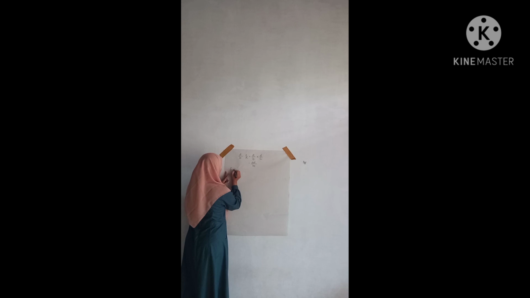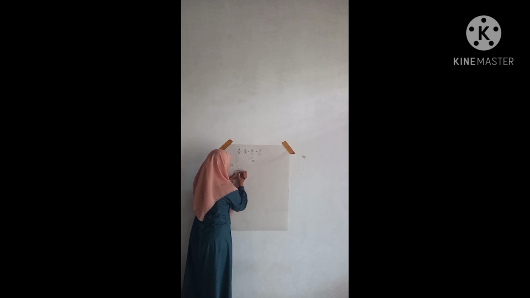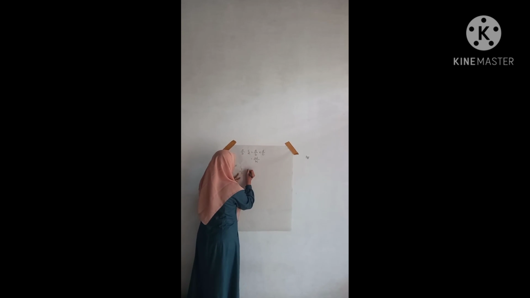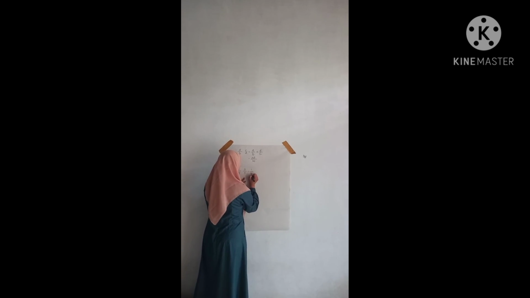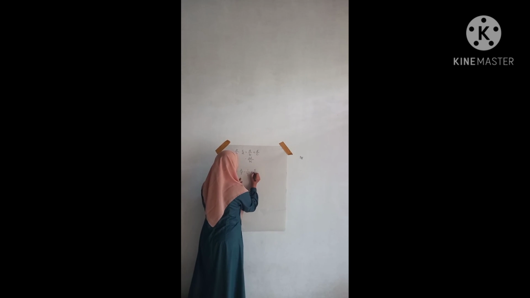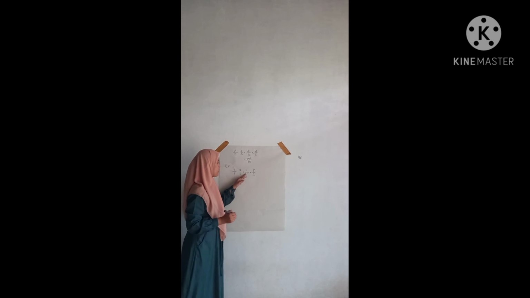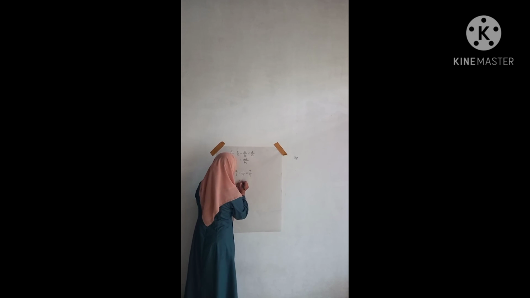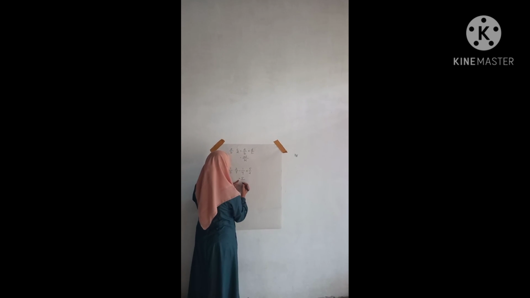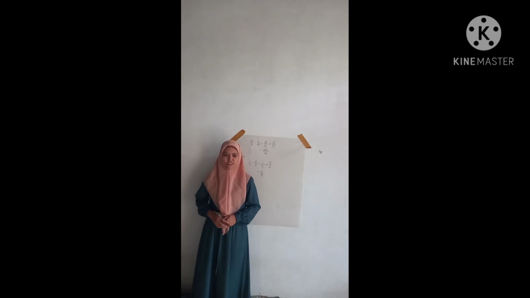Example, 1 over 4 divided by 2 over 5 equals 1 over 4 times 5 over 2. The result of 1 over 4 times 5 over 2 is 5 over 8.